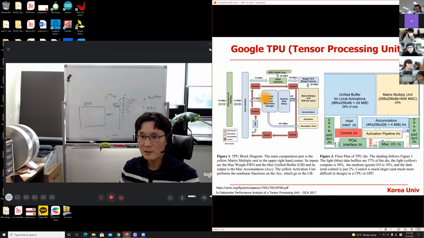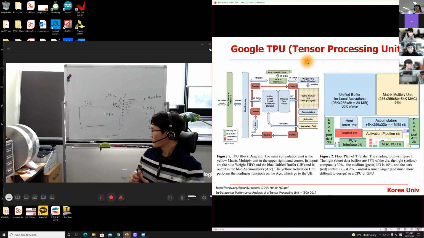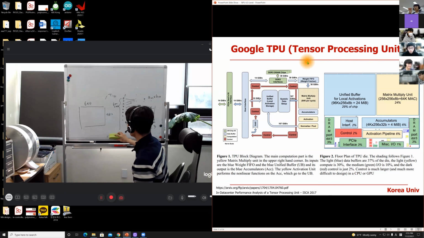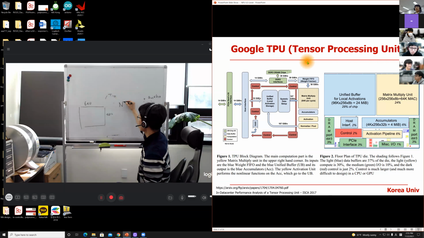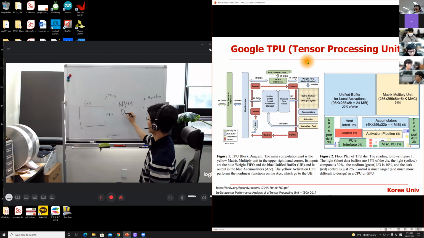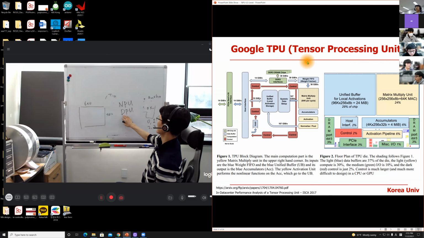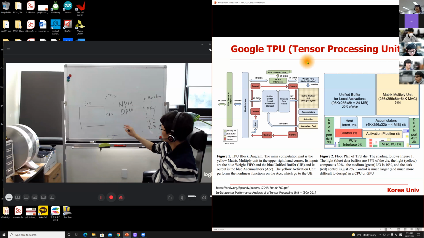But look at this block diagram of the tensor processing unit. First, people use different names to refer to similar components. Some people use NPU, neural processing unit, and some people use DPU, deep neural processing unit, or I don't know.